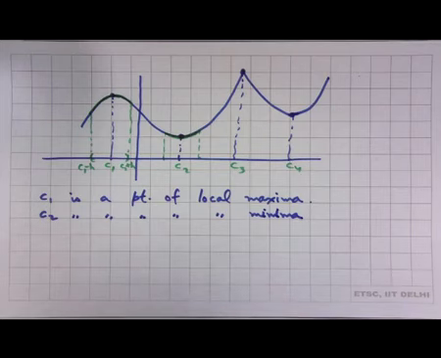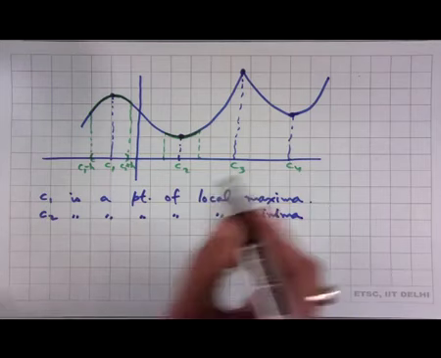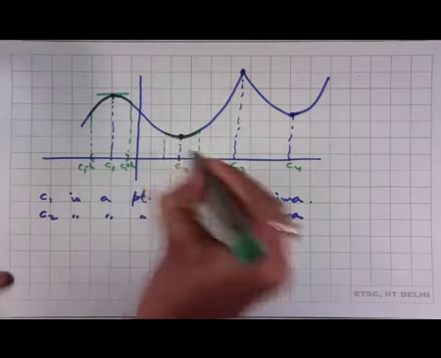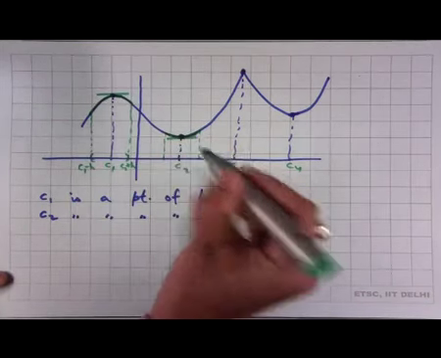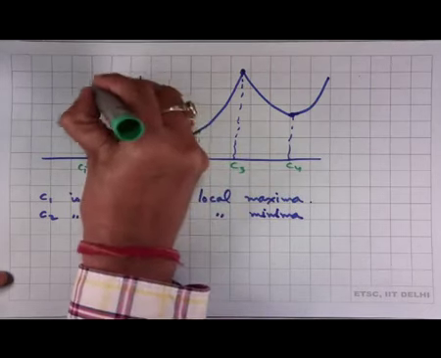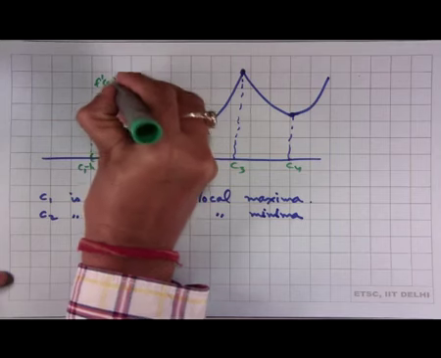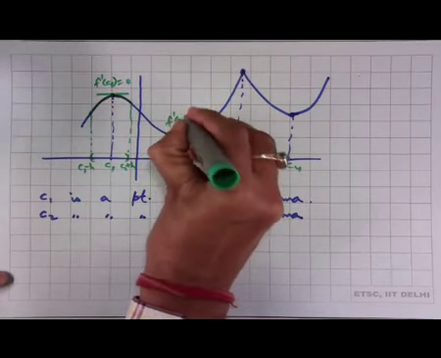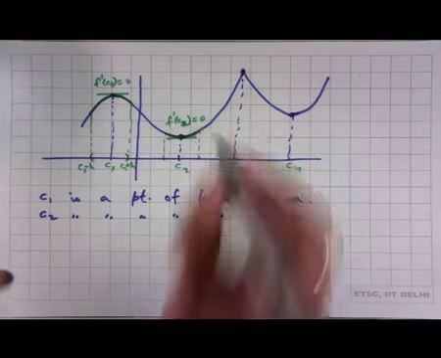At these points, the derivatives exist at C1 and C2, and here we have f prime of C1 is 0, f prime at C2 is also 0.